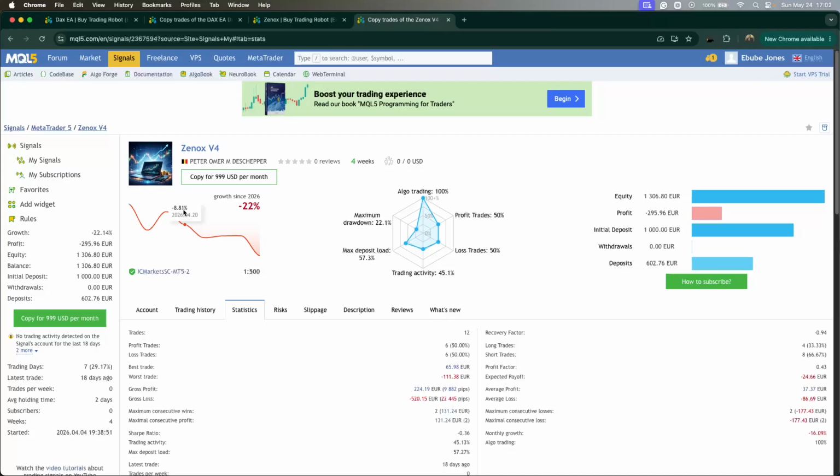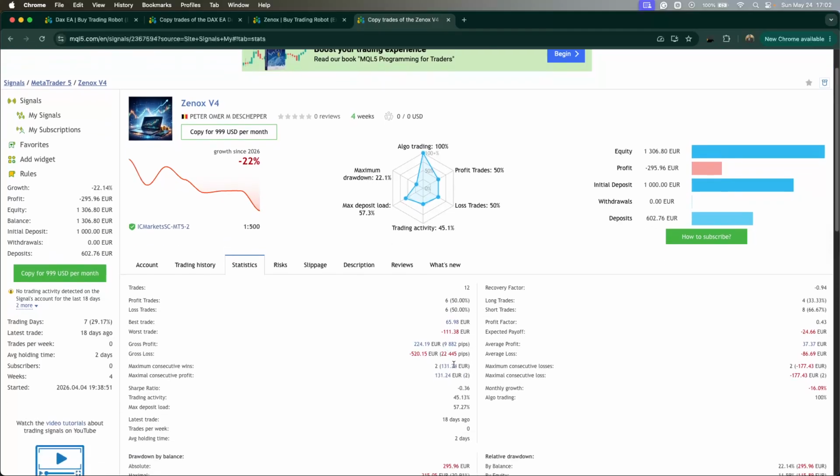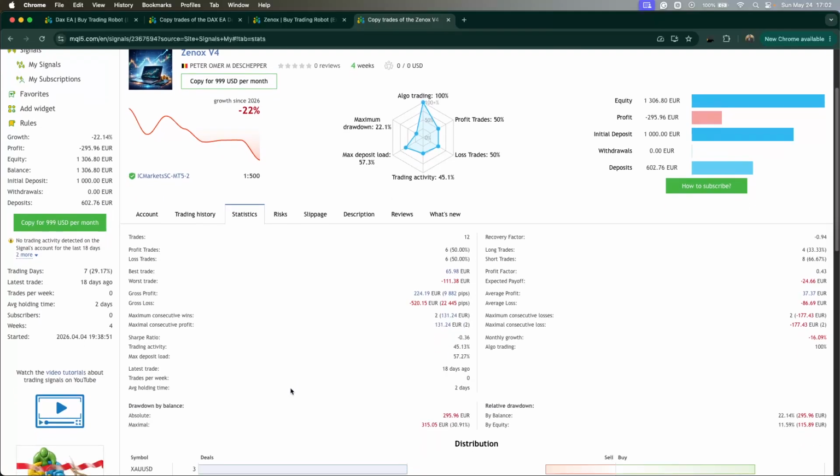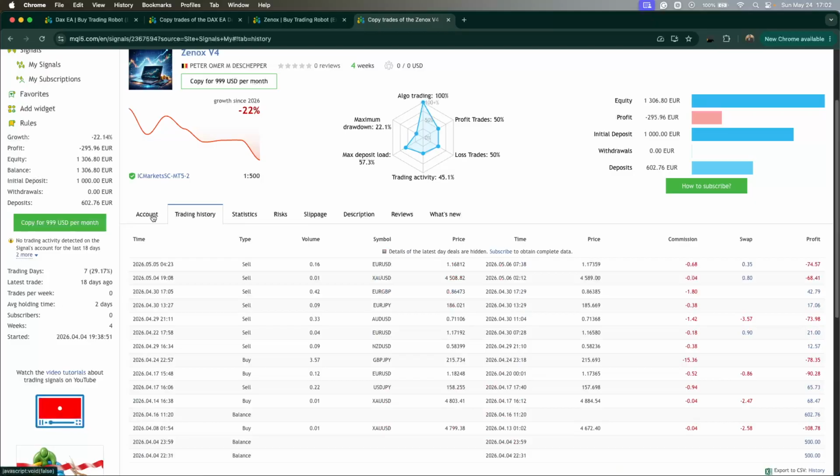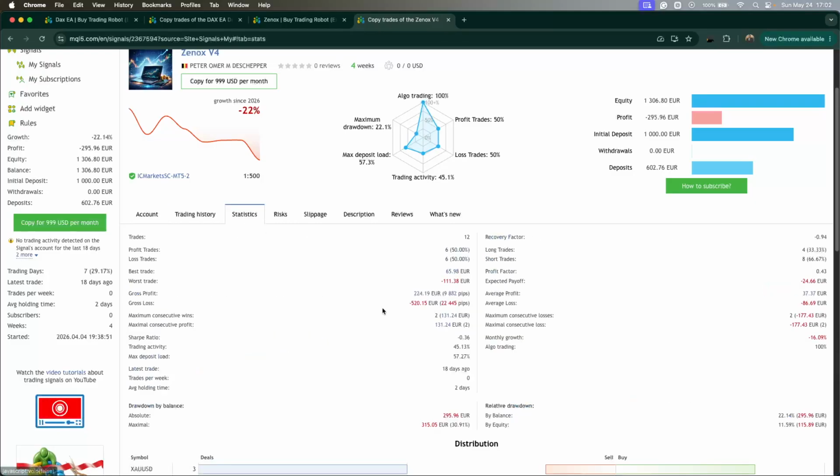So in about a month, we have just 22% loss. But overall, these are the statistics of the expert advisor, and in total, we just have 295.96 negative, and this is the history. This is what the account's like. And everything is straightforward, everything is 100%.